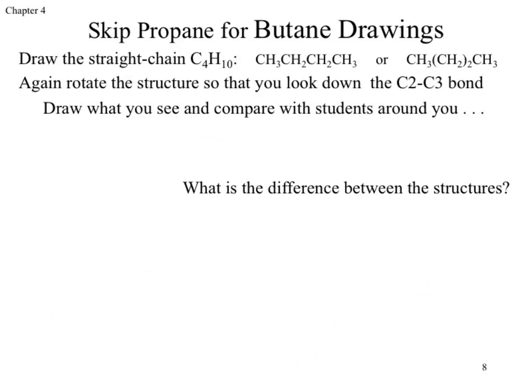It's based on the carbon-2,3 bond. What atom is this guy? 4. What atom is this guy? 1. Are either of those atoms in a Newman projection? No, not really. Those are just CH3s that are part of our carbon-2,3 Newman projection.